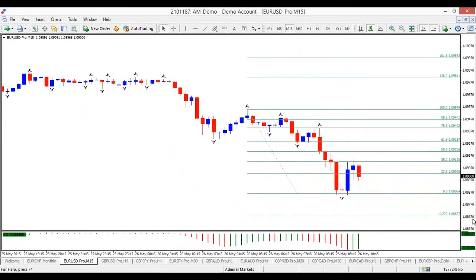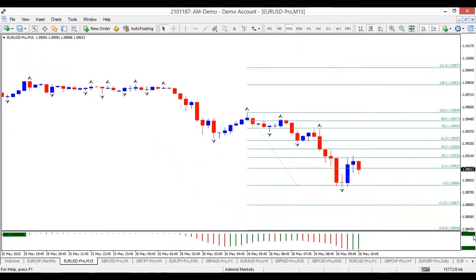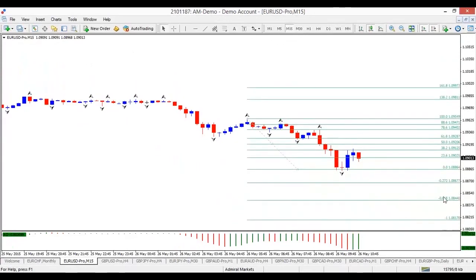Oh, target at 108. Let's see, 108.50 perhaps. That could be a today's target.